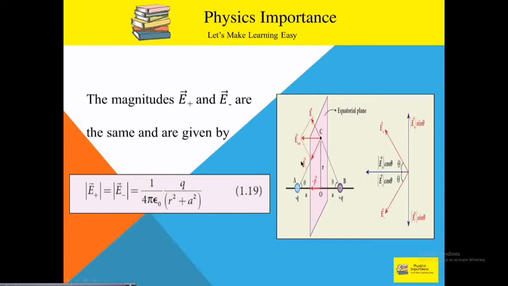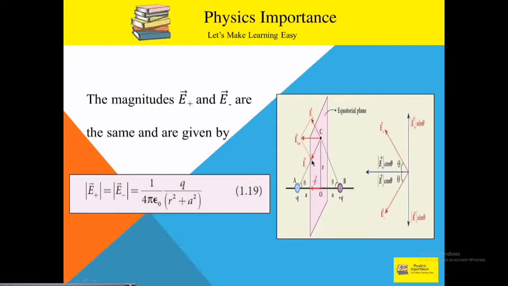So here we can write 1 by 4 pi epsilon naught Q by, according to Pythagoras theorem, we know that hypotenuse square is equal to the sum of squares of the other two sides. So AC square is equal to A square plus R square, or we can write it as R square plus A square.